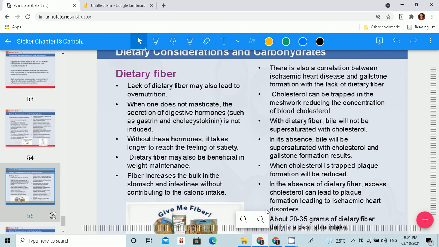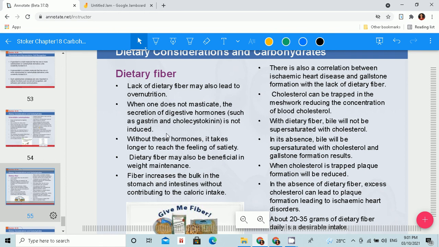So when you are late and you don't masticate, the secretion of digestive hormones is not induced. Without these hormones, it takes longer to reach the feeling of satiety, so it takes us longer to feel full.